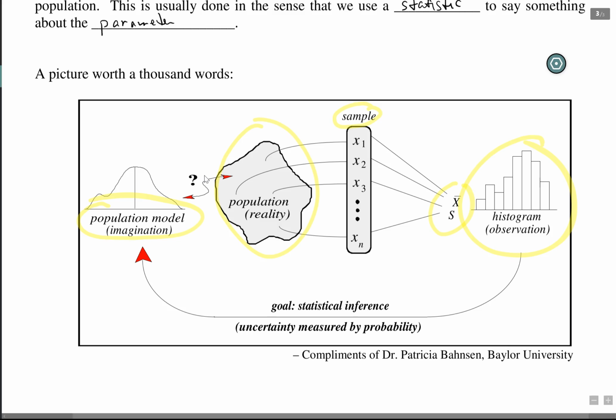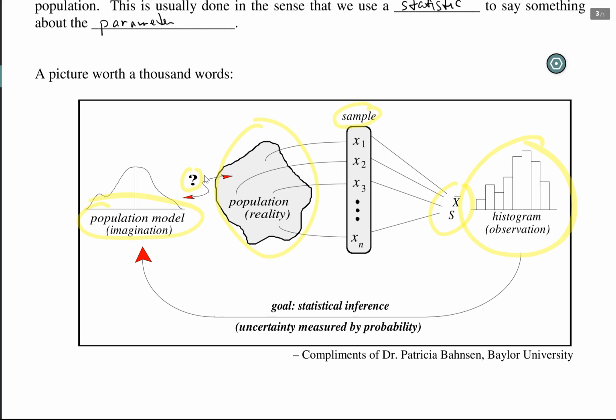And really this population model is a mathematical idea, and it's almost part of an imagination. You hope that it describes the reality of the population. There's ways to check that, but we use our sample to say something about our population model. In particular, we want to say something about parameters within that model.